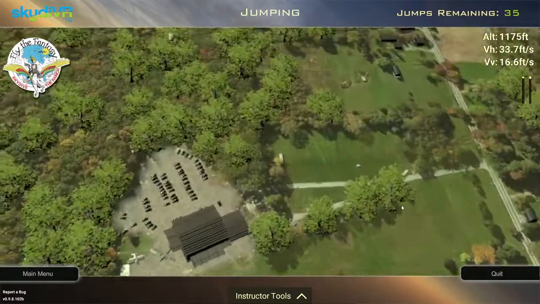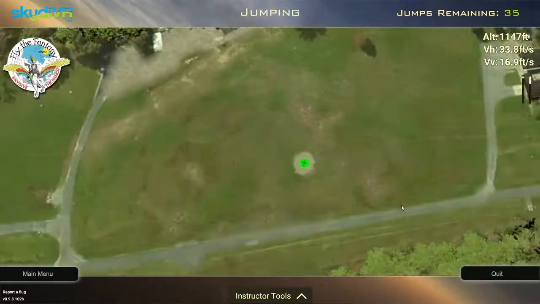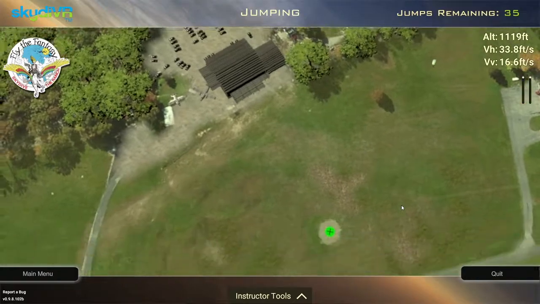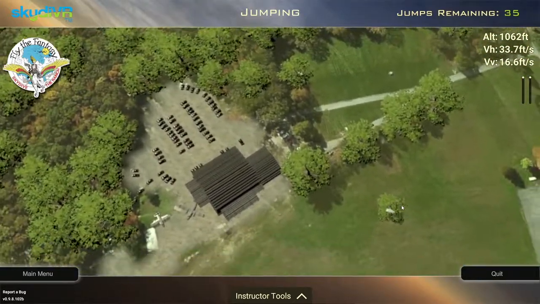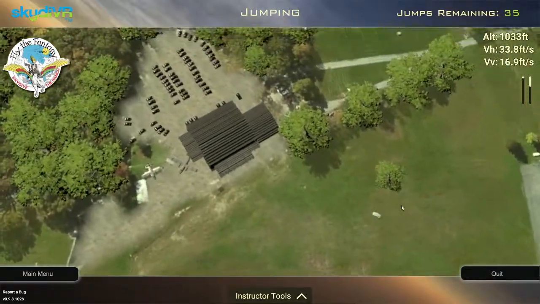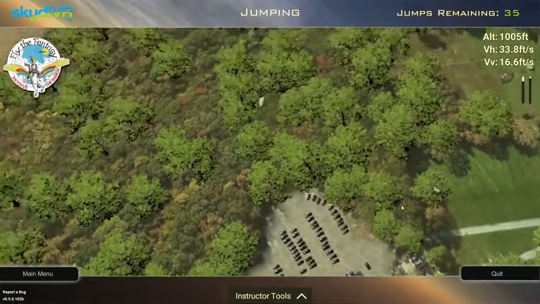So it messed up my pattern a little, and yet what you'll find is that you can fix these things. In this case, that means that I'm not going to get as far out away as I wanted to on this leg.